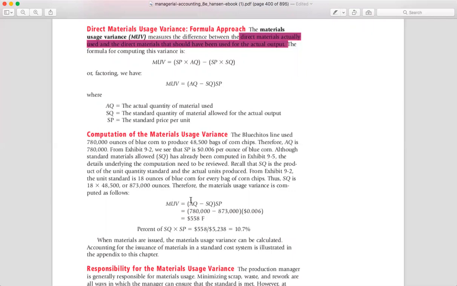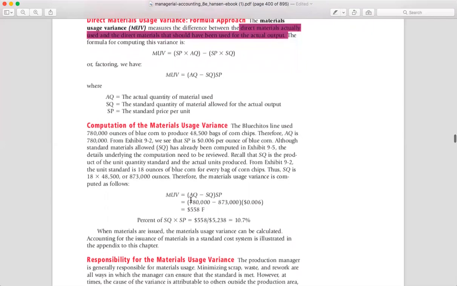Based on exhibit 9.2, the unit standard is 18 ounces of blue corn for every bag of corn chips. That means the standard quantity is 18 times 48,500, or around 873,000.